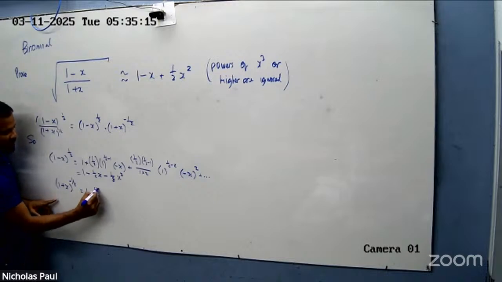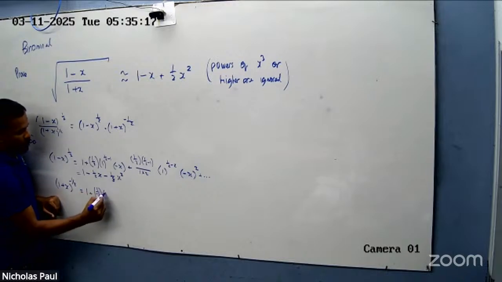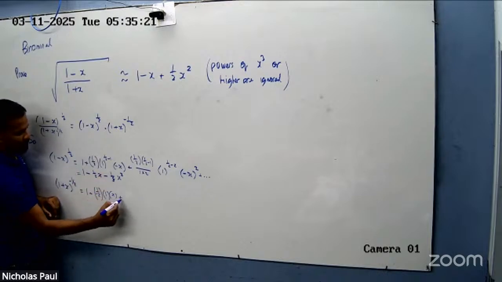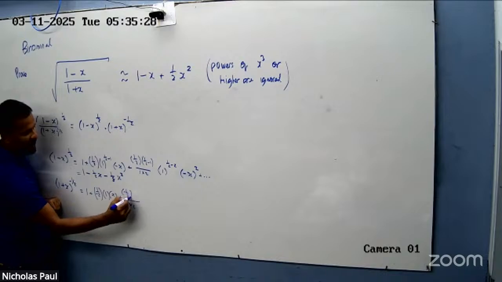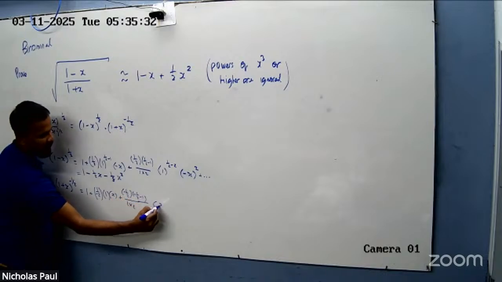So it's minus a half by 1 because it doesn't matter, right? 1 to any power is 1 by x. Plus, I'm doing the same thing again, 1 by 2. And the numerator is equal to minus a half minus 1 by x to the power squared.